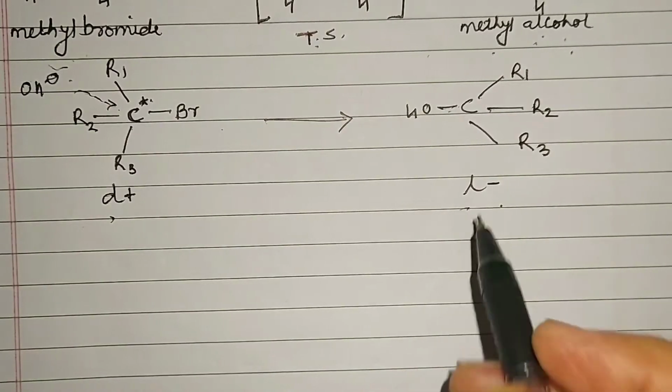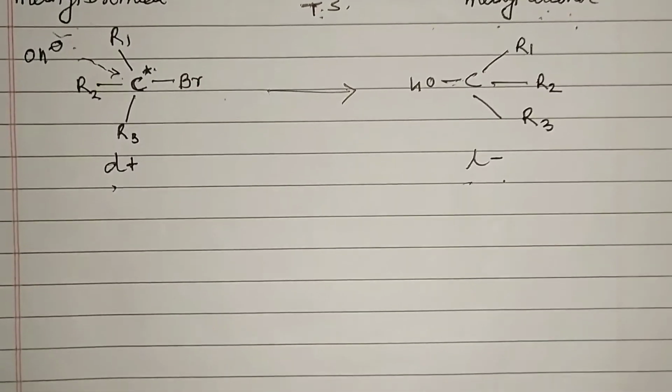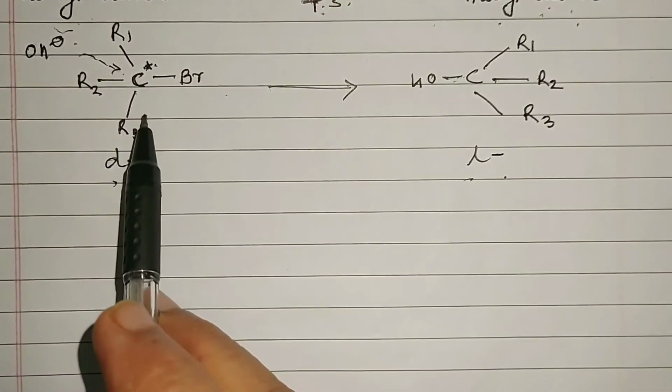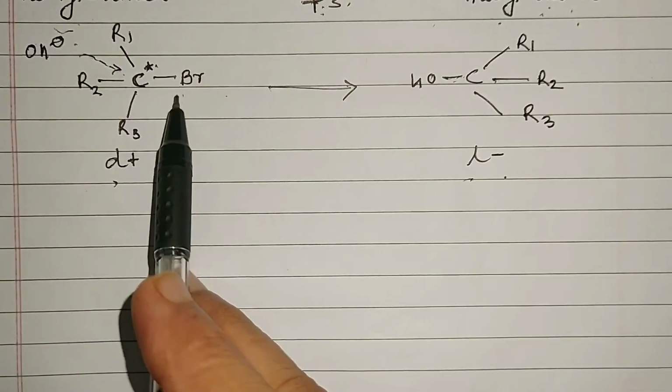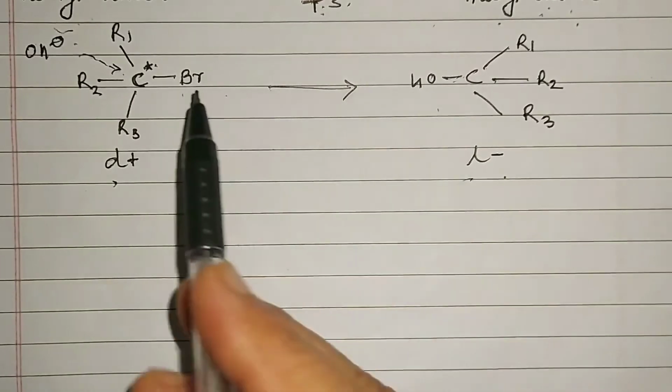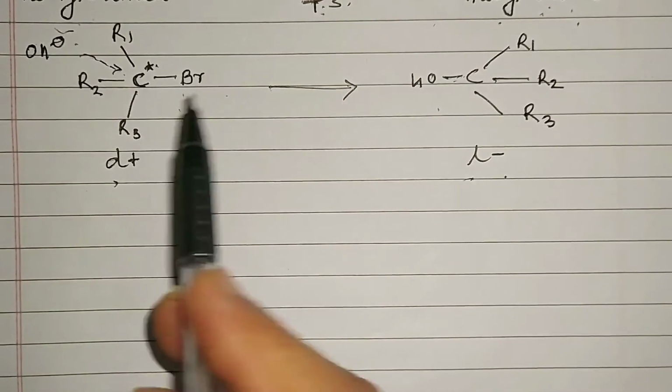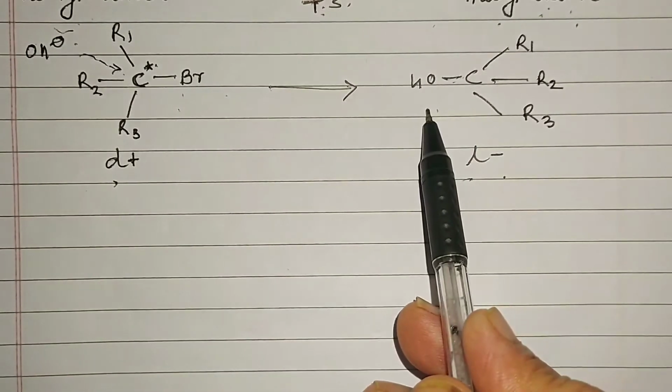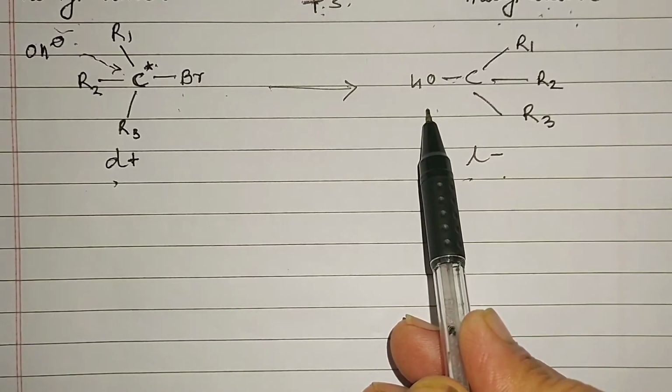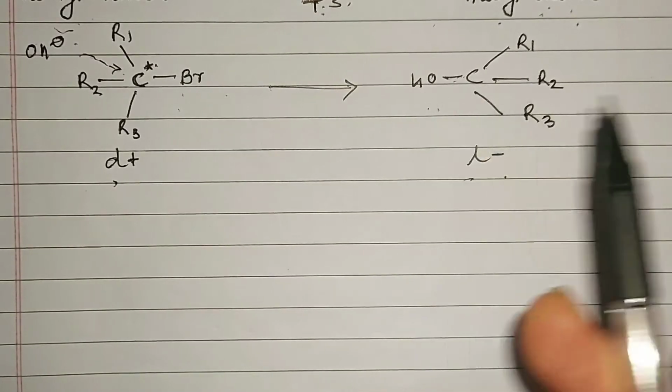But we cannot compare bromide with alcohol because here the functional group is Br and here the functional group is OH. So to prove that, we will take another example. We will take the example of S-2-iodoheptane. This compound is like this.